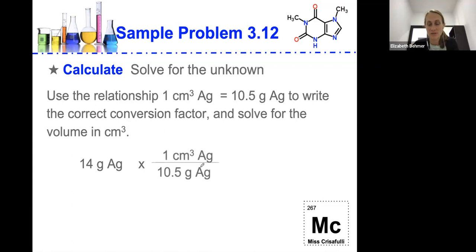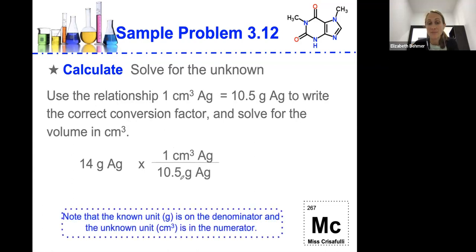So there's our conversion factor, 1 centimeter cubed of silver over 10.5 grams of silver, noticing that the unit gram is in the denominator and the unknown is in the numerator. So our grams of silver cancel each other out, and if we take 14 divided by 10.5, we will get 1.3 centimeters cubed. We just want two significant figures.